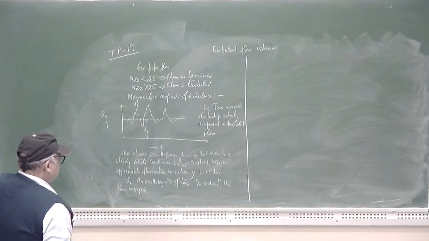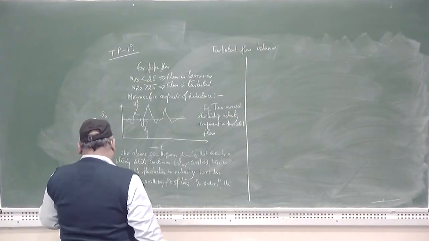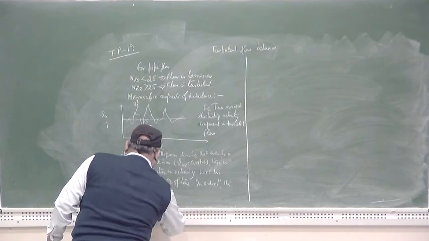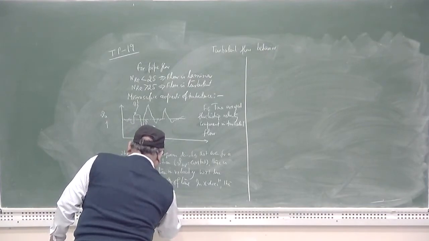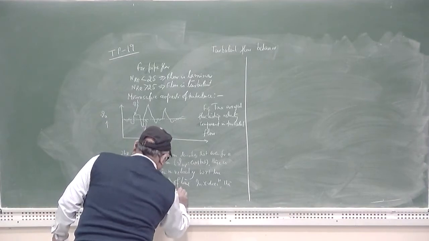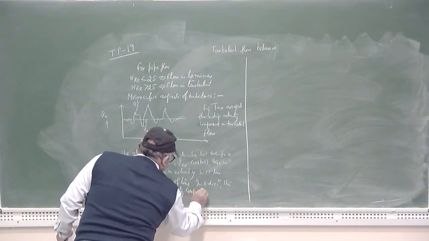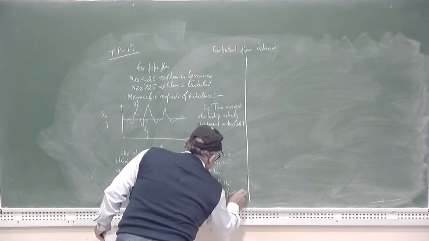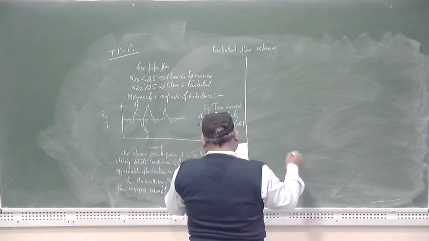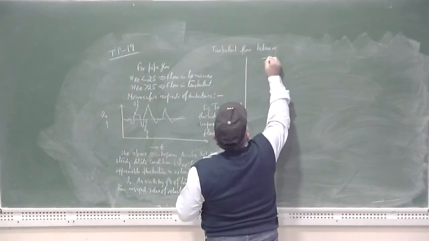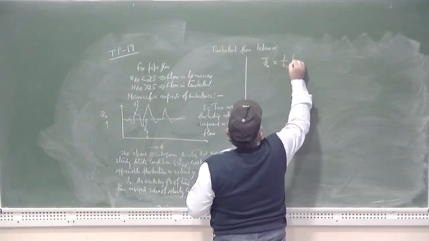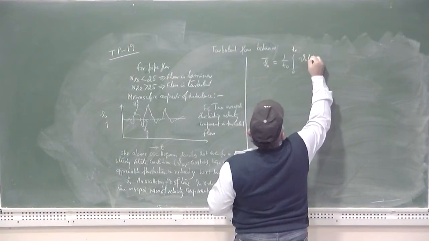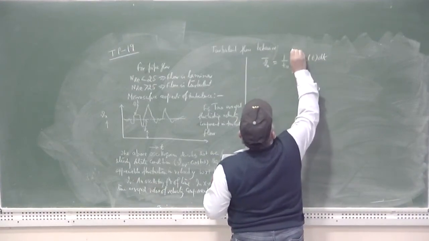So Vx is an oscillatory function of time. In x direction, the time average value of velocity component can be given as Vx average is equal to 1 upon T naught, integration from 0 to T naught Vx(t) dt. Vx is a function of t, that is into dt.